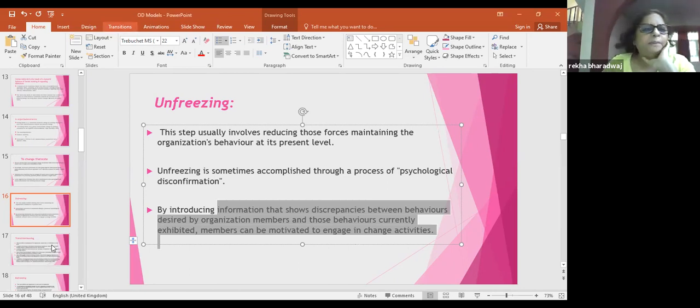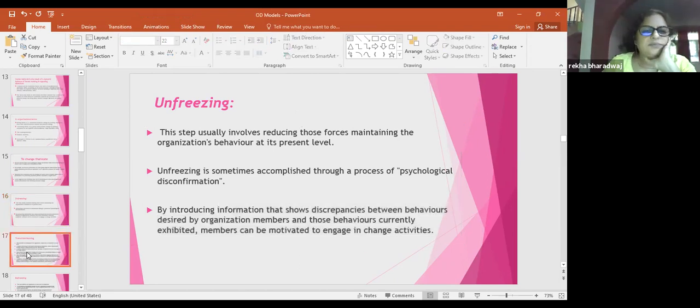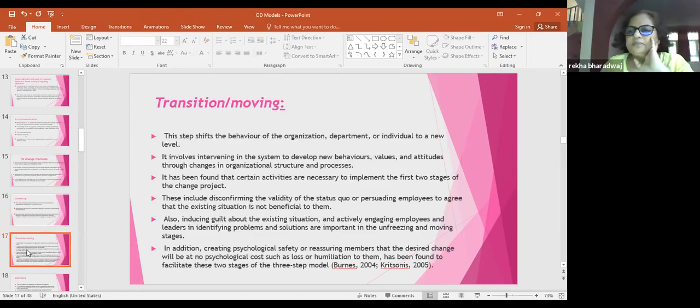Then we come to moving. So we say this step shifts the behavior of the organization, department, or individual to a new level.